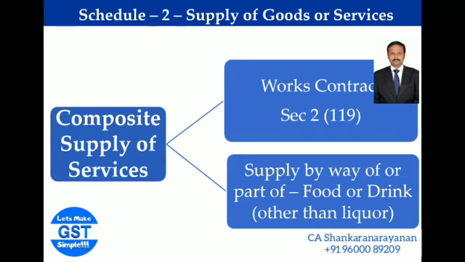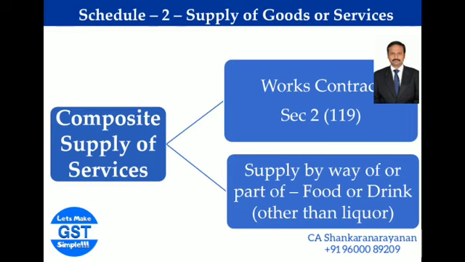Where is the deeming? Deeming is in Schedule 2. Supply of food or drink other than liquor is deemed to be a supply of service. Yes, there are goods, but which is principal? The principal is considered to be a supply of service. So hence it is treated as a supply of service.